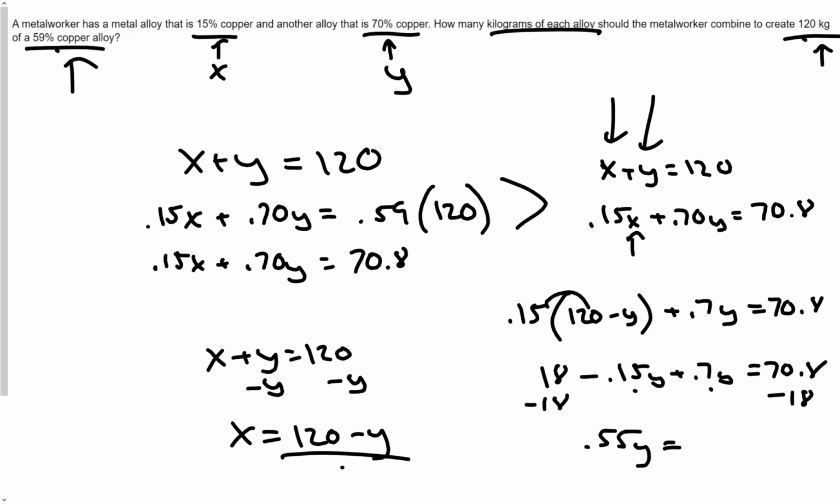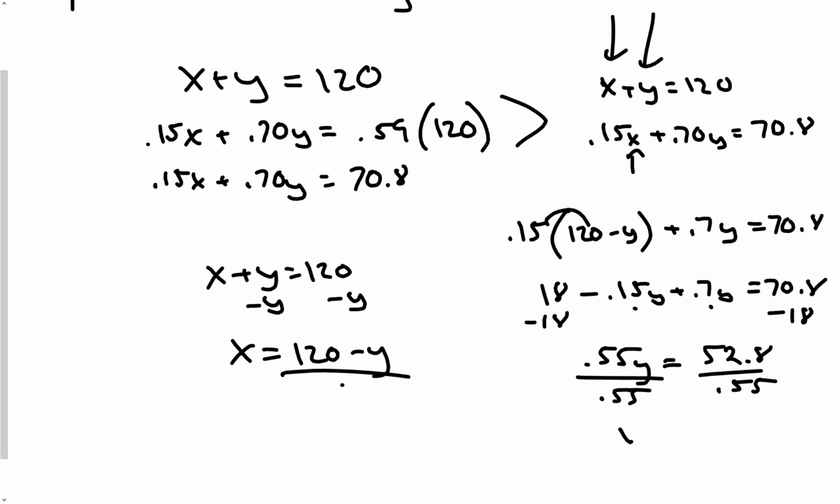0.55y is equal to 70.8 minus 18, which is 52.8, and then divide both sides by 0.55, and I get that y is equal to 96.